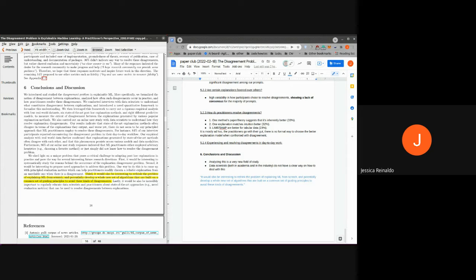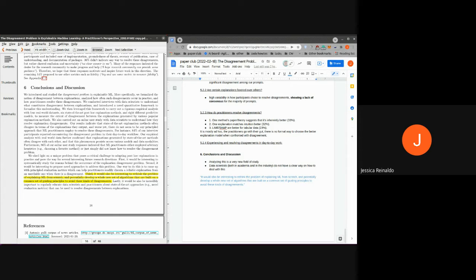So yeah, I think this is it. I brought this paper mostly for us to have a conversation about this. I found that really interesting. That the conclusion is actually that we don't know what we're doing, and we don't have a clear way to really evaluate that, because for most cases we don't have the ground truth for which feature is more important.